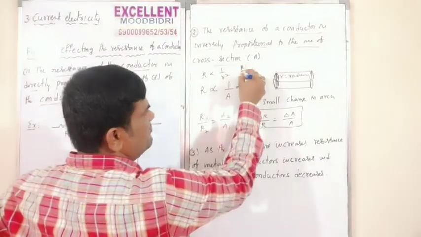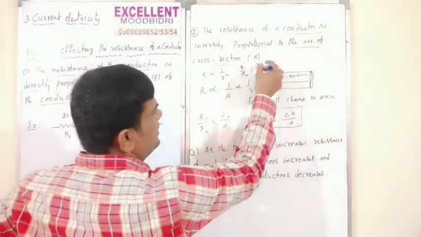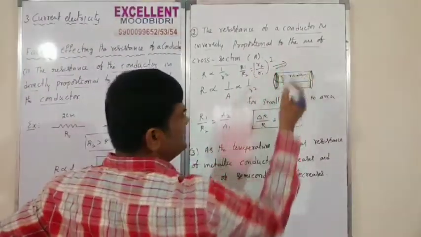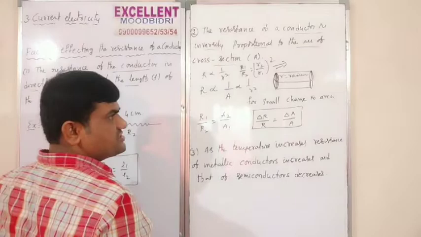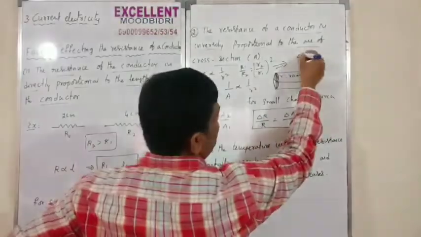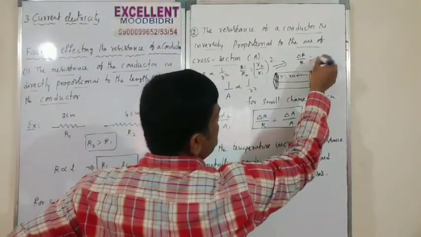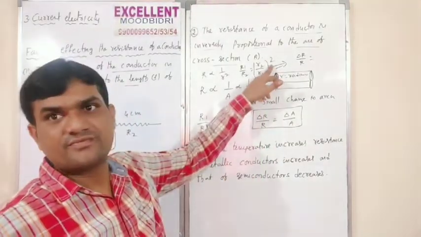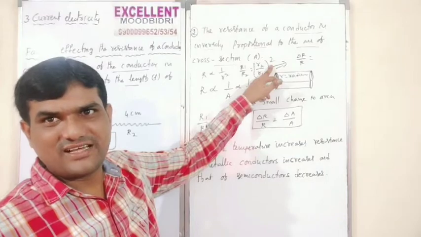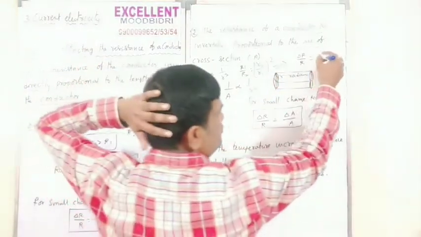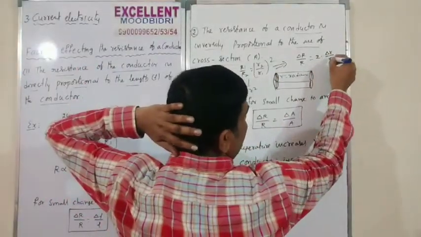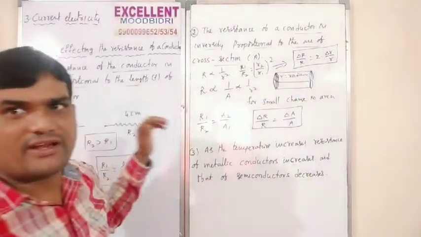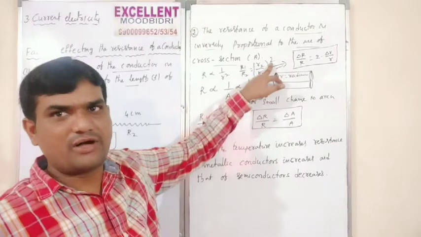Then R1 by R2 is equal to r2 by r1 whole square. For small change in radius, what happened here? Delta R by R is equal to, according to power error, yes or no? 2 into delta small r by small r. Correct? Did you remember this one? Power of error, errors in power.